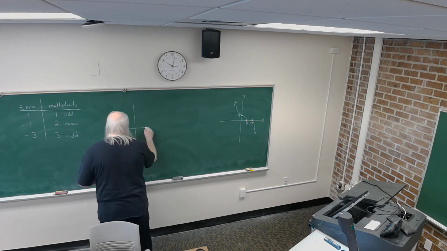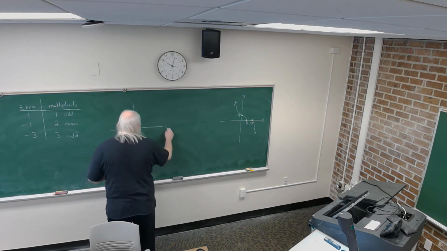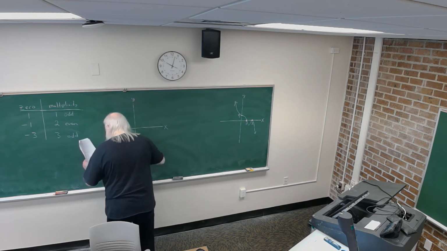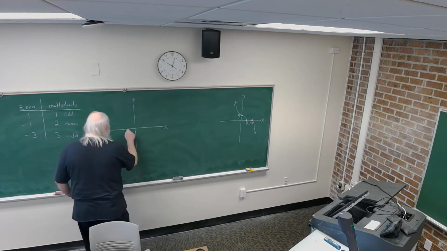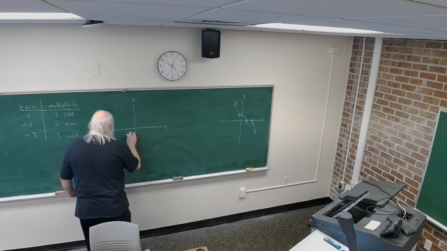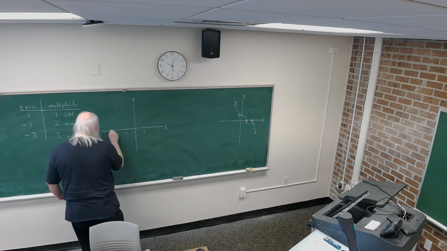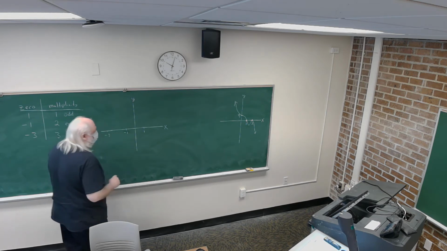Well, you're provided a coordinate plane, and the zeros are minus 1, plus 1, and minus 3. Okay.